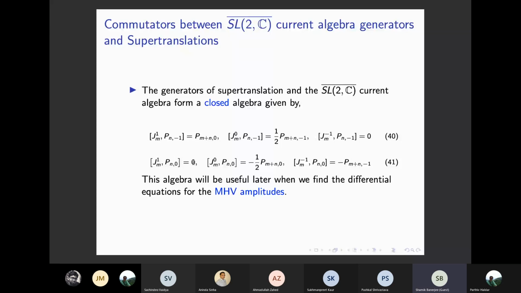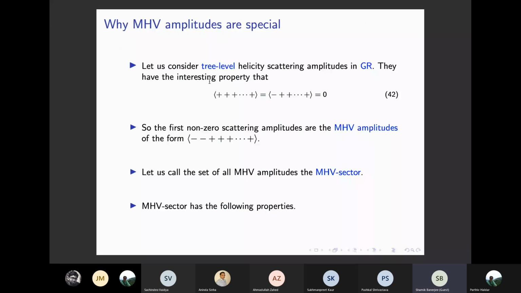Now let me say why the MHV amplitudes are special. We consider the tree level scattering amplitudes in GR.